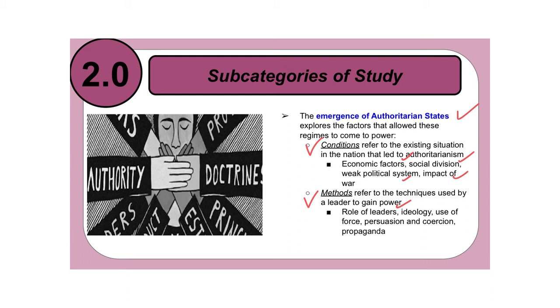What role does their ideology play? The use of force, how forceful were they? Did they use force, persuasion, and coercion? And how effective was their propaganda machine? All of these different things we will be looking at in order to understand the emergence of authoritarian states. And that is the first subcategory that we will be studying: how do these authoritarian states emerge?